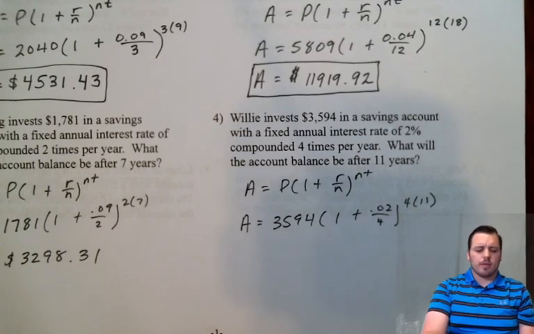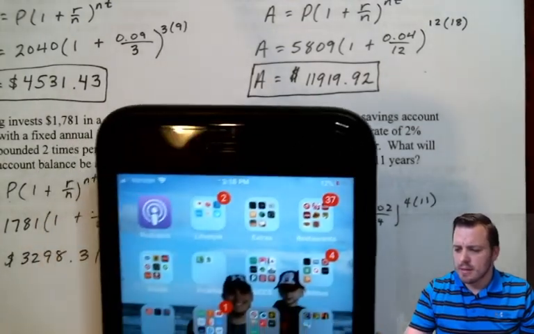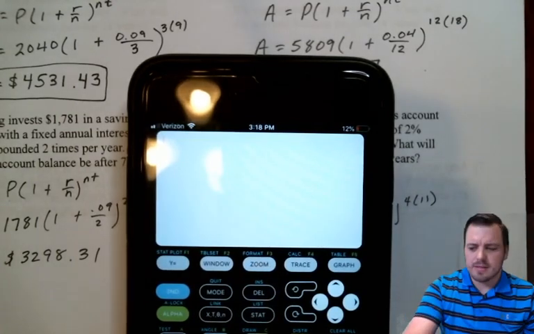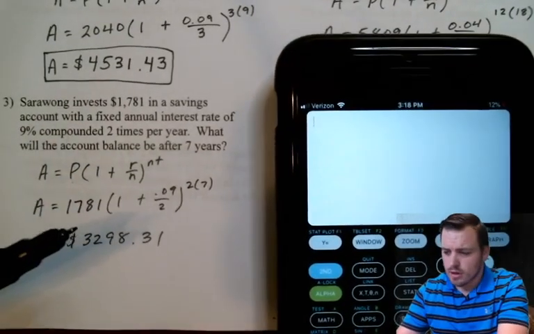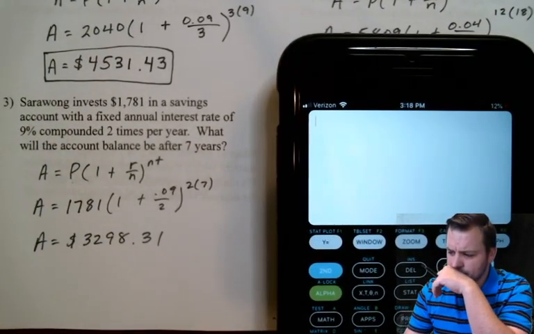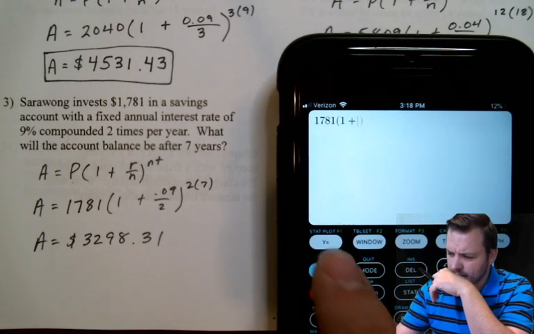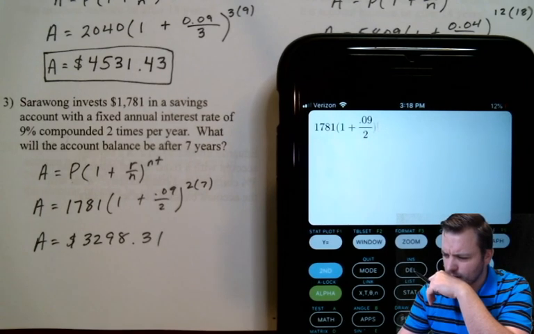Now I'm going to come back over here, Caitlin. I'm going to make sure you're typing this in on your calculator correctly. So I'm going to type this in, just trying to make sure we all see it. That would be 1781 times 1, put parentheses, plus, and I'm going to put a fraction here, alpha y equals, 0.09, and then put 2 in the bottom, and then make sure you're raising it, not just multiplying it.